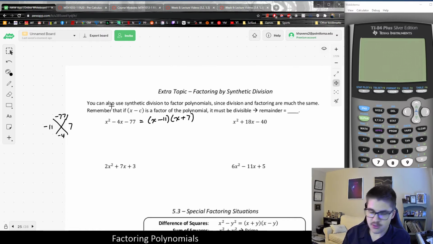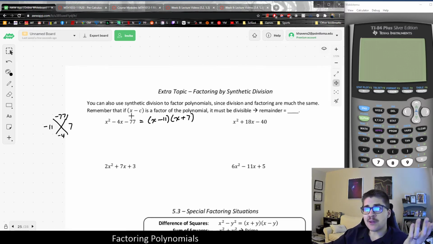And I didn't need to do the whole splitting and grouping technique that I was talking about in the last video because there is no leading coefficient, or technically there always is, but it's 1 in this particular case.